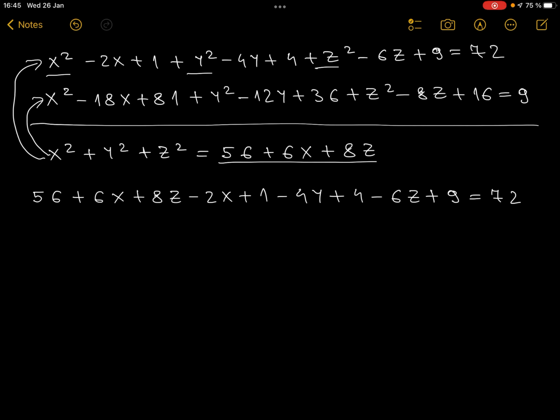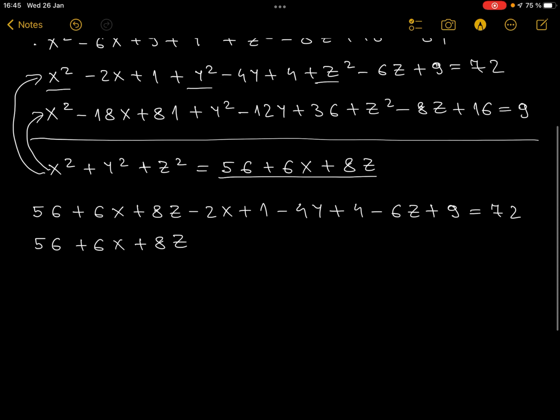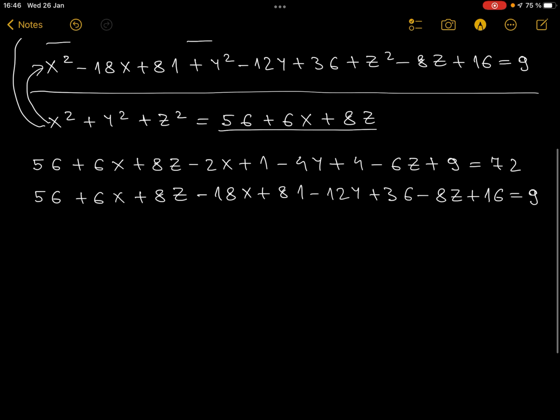And for the second one, I'll write it down as 56 plus 6x plus 8z minus 18x plus 81 minus 12y plus 36 minus 8z plus 16 is equal to 9.